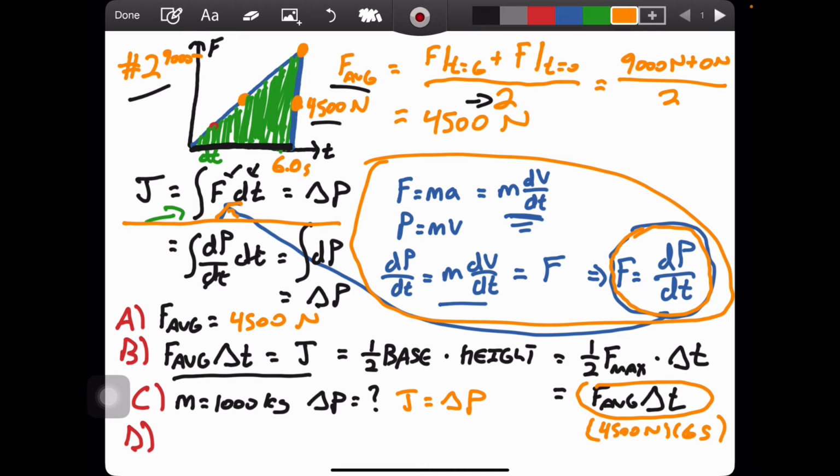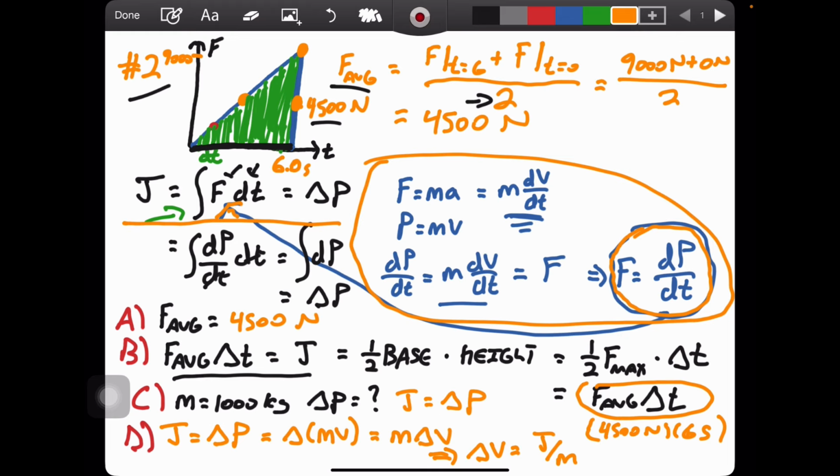But we need to figure out now, well, what is that? So we can simply take the fact that we now know the mass of the car. We know that impulse is equal to the change of momentum, as shown before. Well, that is equal to the change in mass times velocity. Mass remains constant, so I can bring the mass out and I can say mass times the change in velocity. So if impulse equals the mass times the change in velocity, then if I divide by m, I can say that the change in velocity is equal to the impulse divided by m.